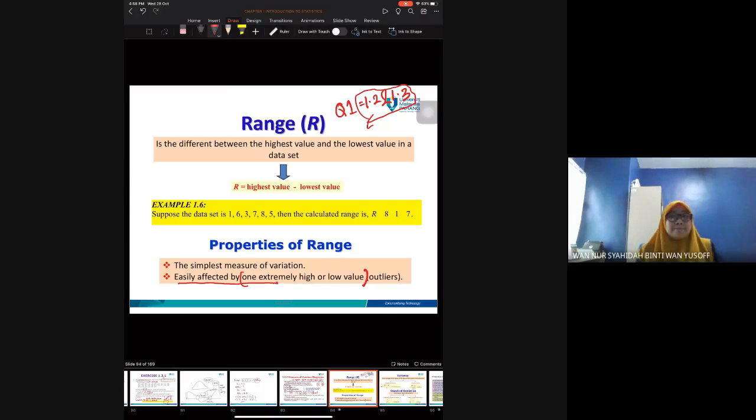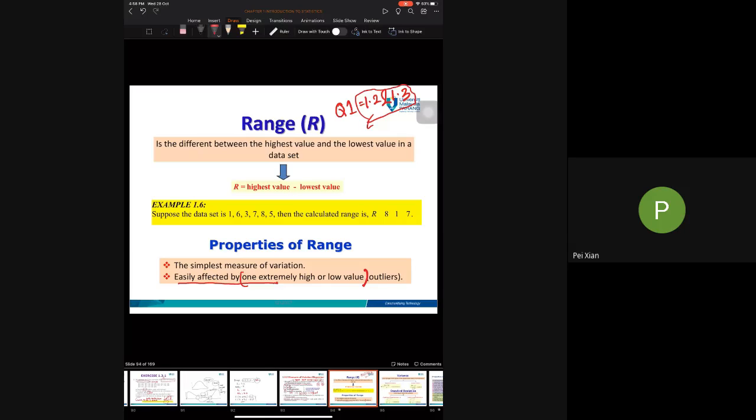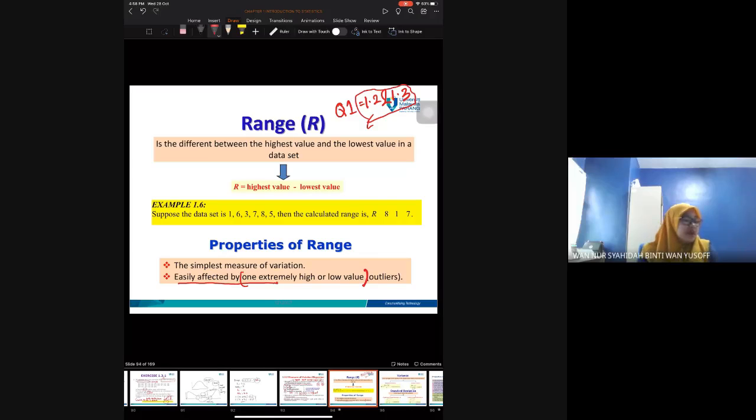Because the range needs the highest value and the lowest value, and the outlier is one of the values. Yes, because in the range formula itself, we need the highest value and the lowest value. So your outlier could be the highest value or the lowest value, or maybe both are outliers. So that's why range is easily affected by the outlier.